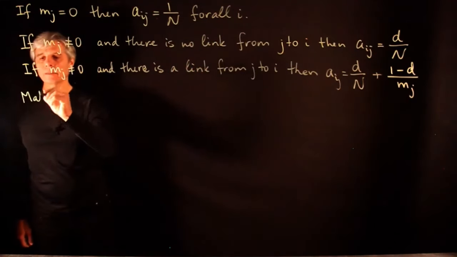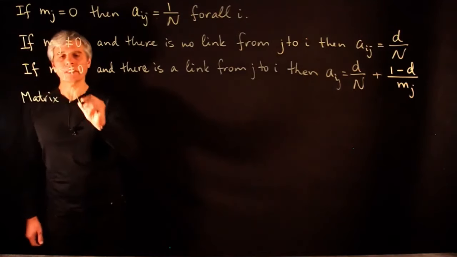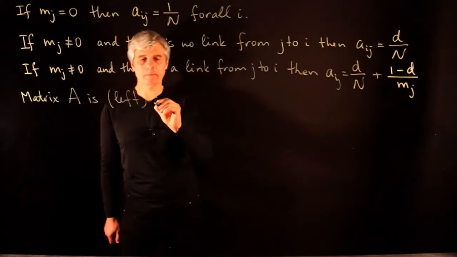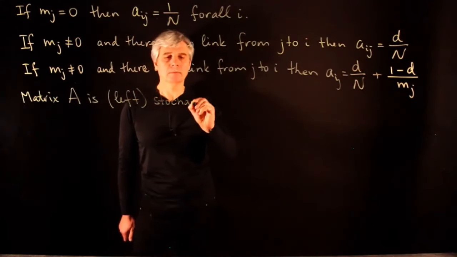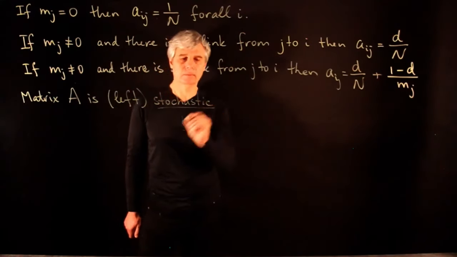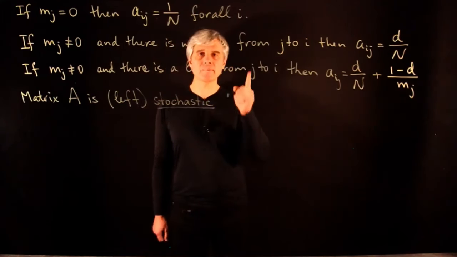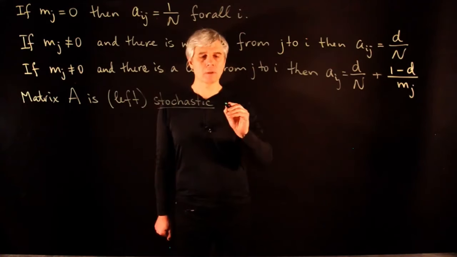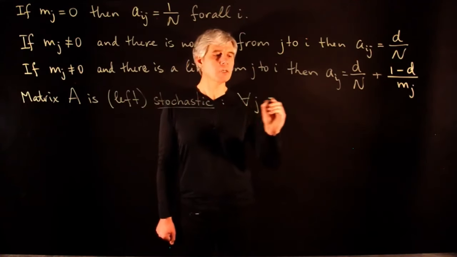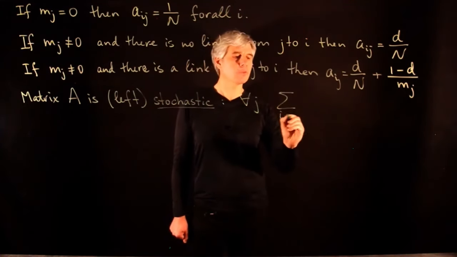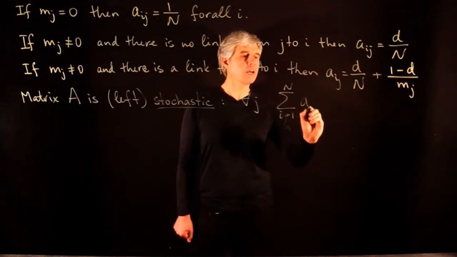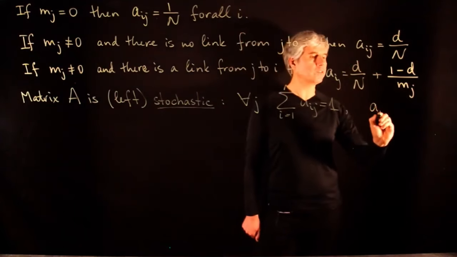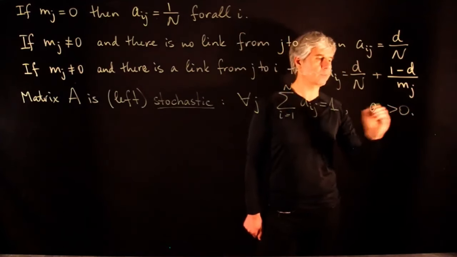Matrix A is left stochastic, which means that the sum of entries in each column is equal to 1. So for each j, the sum over i from 1 to n of a_ij is equal to 1. And also, all coefficients a_ij are positive.